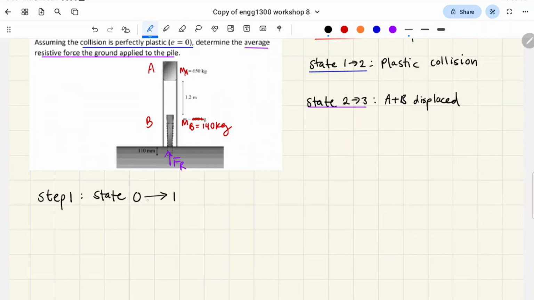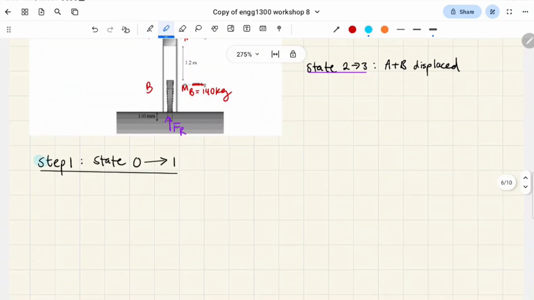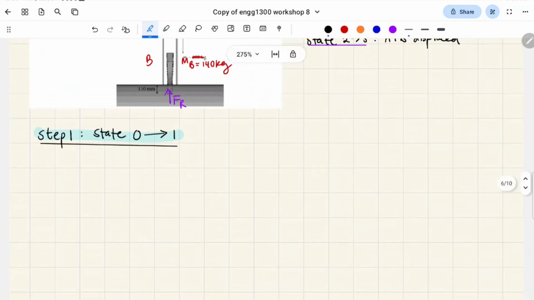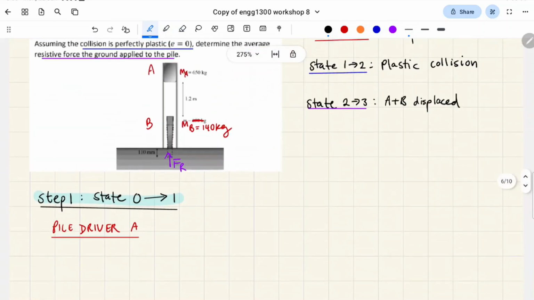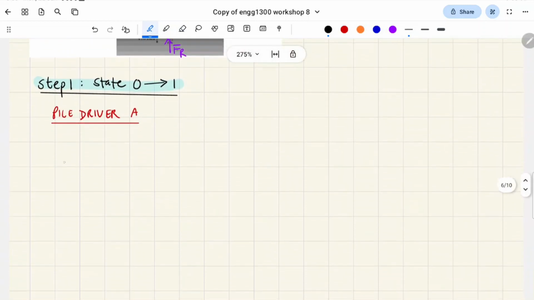I'm going to split up my steps into the states that I was talking about. And we're just looking at pile driver A, the object A, because object B is not moving and it hasn't been displaced yet. So the energy in our system, we're just going to be focusing on object A here. Does this look familiar?